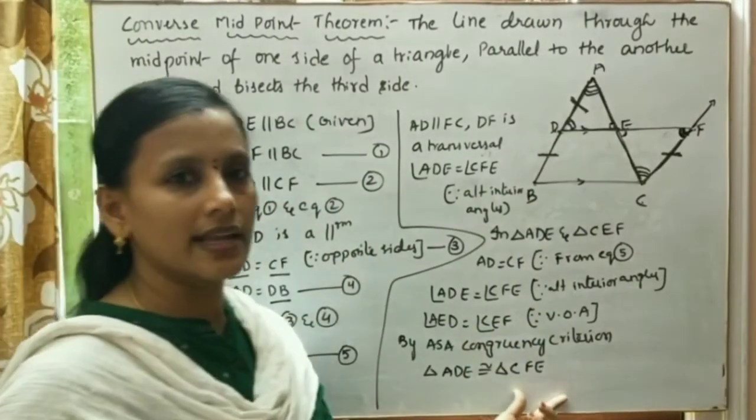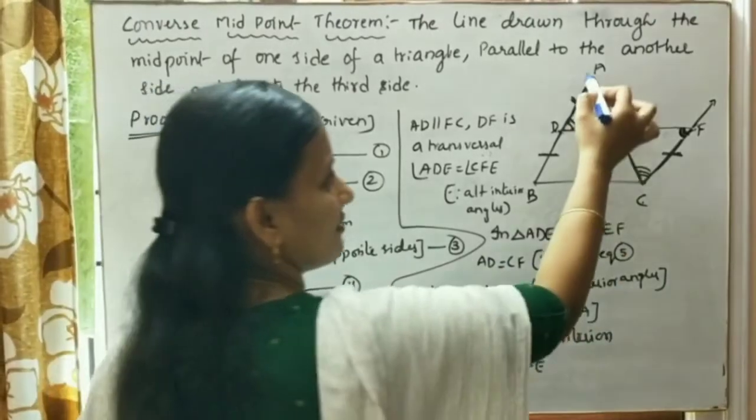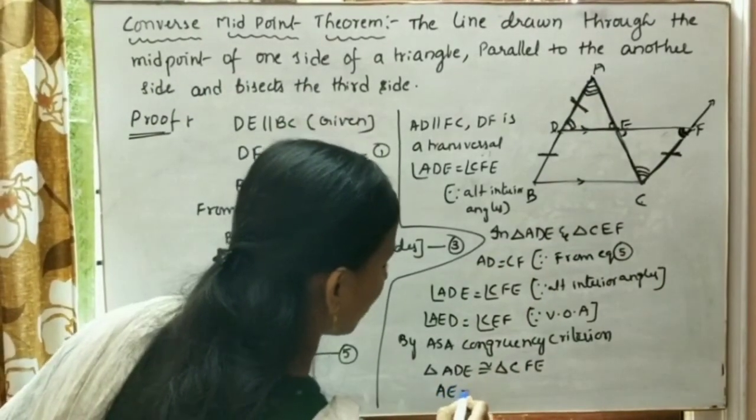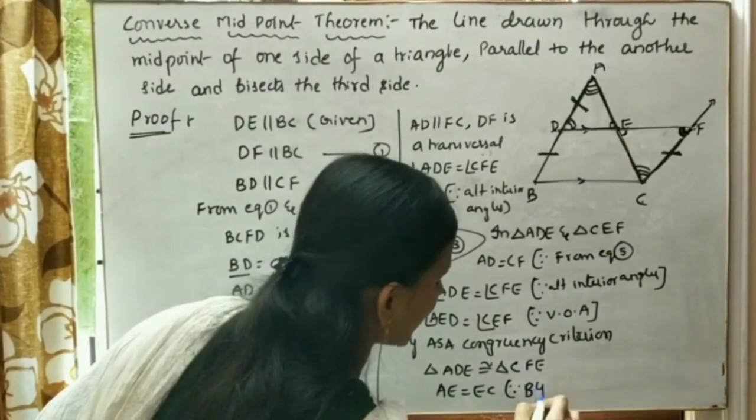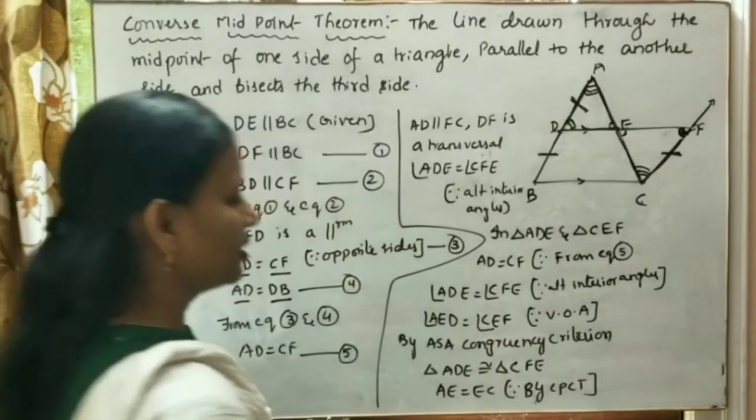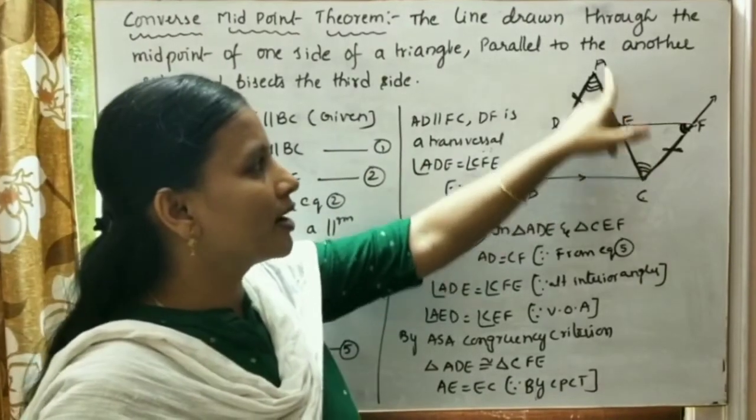If these two triangles are congruent, by CPCT we can write AE is equal to EC, because corresponding parts of congruent triangles are equal. So E is the midpoint of AC.